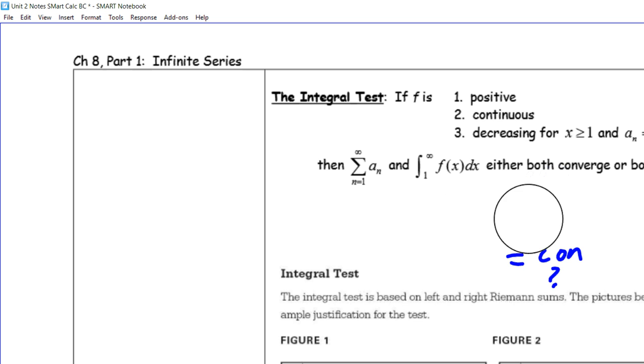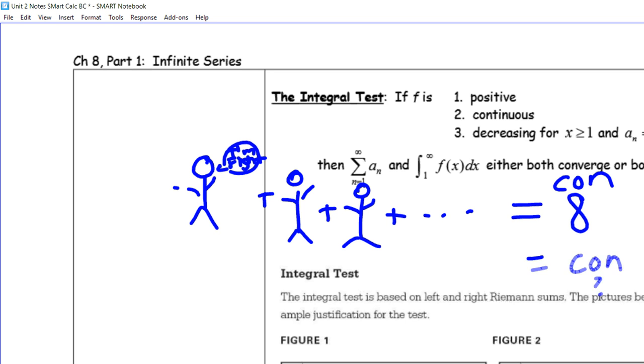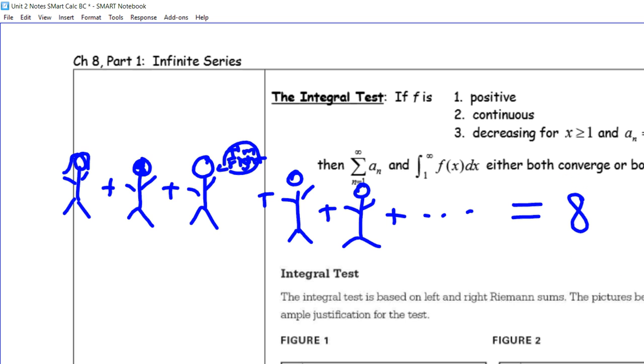Okay, let's say that I had all of those terms again, and it diverged. Okay?